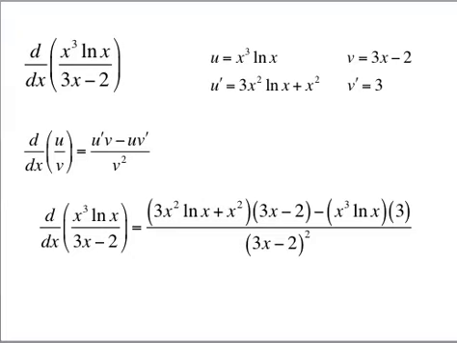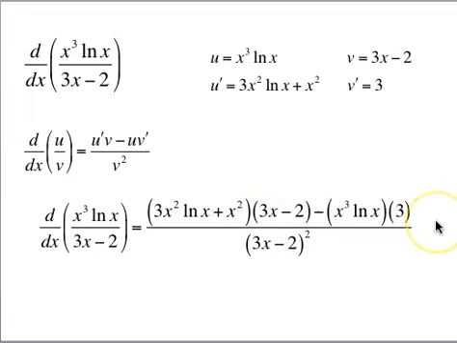So our next challenge is to multiply these binomials. 3x squared log x times 3x would be 9x cubed log x. 3x squared log x times negative 2 would be negative 6x squared log x. Distributing this way, x squared times 3x is 3x cubed minus x squared times 2, 2x squared.